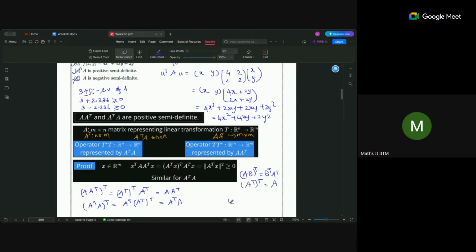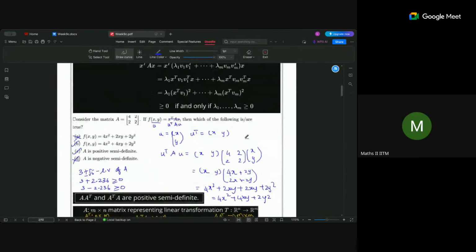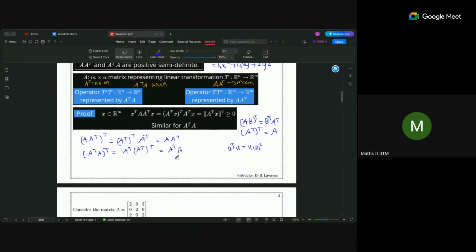So recall that U transpose U is norm U square. This is what I used here also. Using that property, this is norm of A transpose X whole square, which is a non-negative term. Okay, can you give a similar argument for A transpose A? For A transpose A, your X should be from which space?